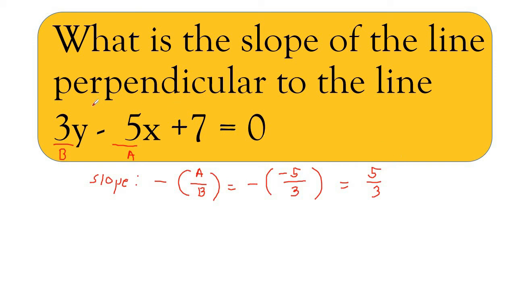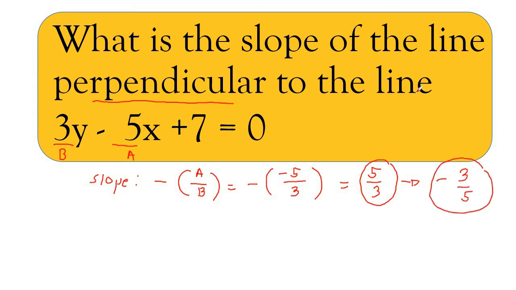But take note that they are perpendicular to each other. So we are going to find the negative reciprocal of 5 over 3. And that is equal to negative 3 over 5. So this is the slope of the line perpendicular to the line 3y minus 5x plus 7 is equal to 0.